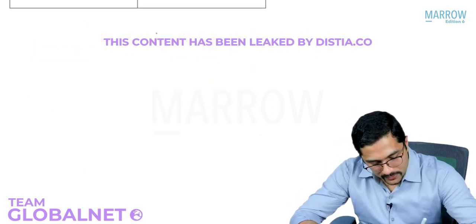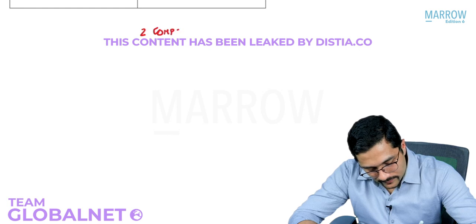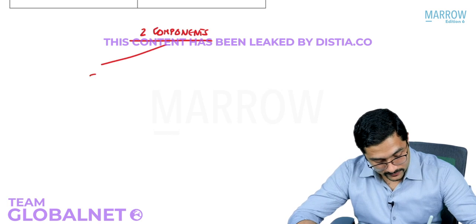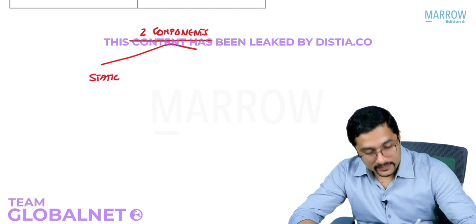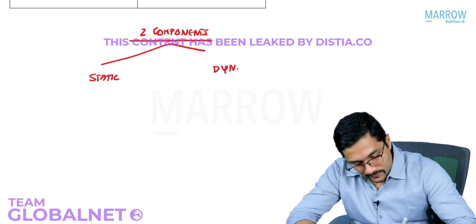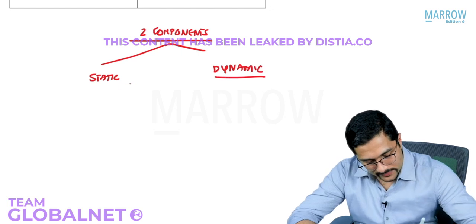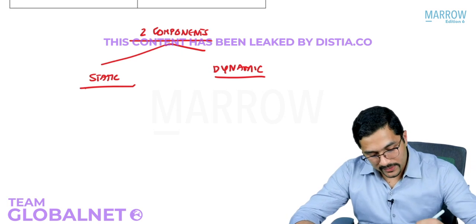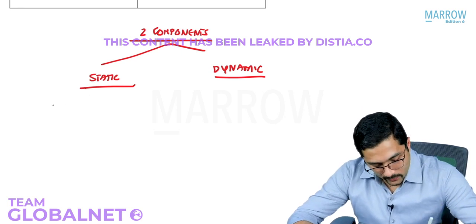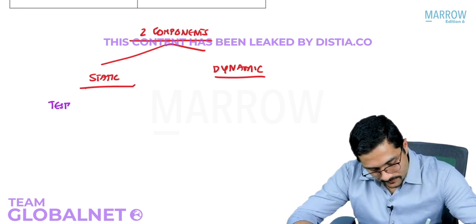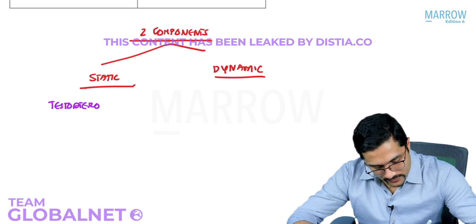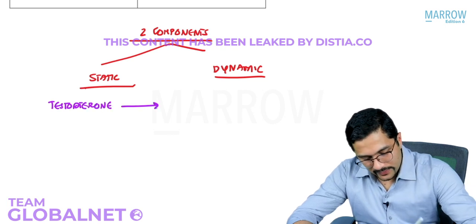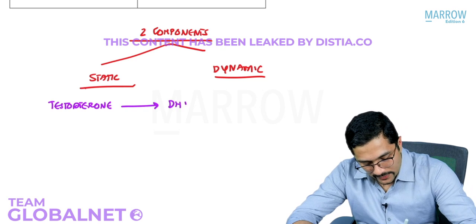The two components are the static component and the dynamic component. Now, what is meant by this? The static component of benign prostatic hyperplasia is mediated when testosterone is converted into dihydrotestosterone.